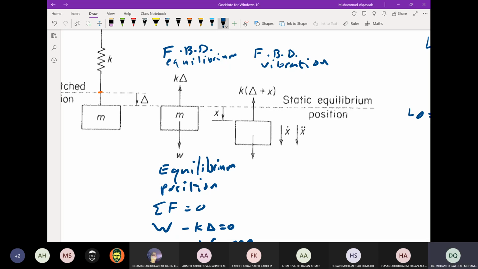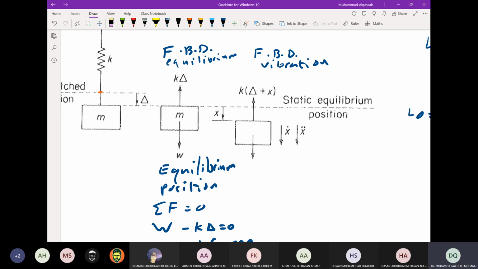Okay, so we have to assume a positive direction for x. As you can see here, x is shown as downward motion from equilibrium. So the vibration will be about this line.